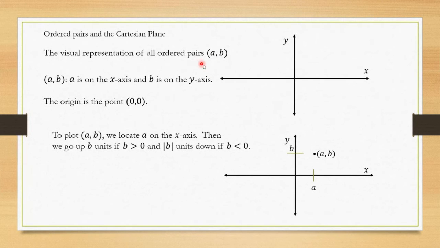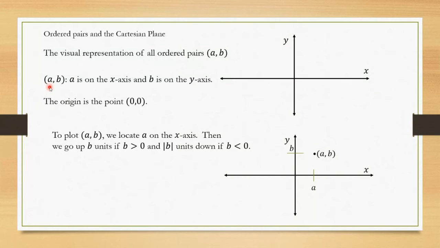So again, this is a visual representation for ordered pairs (A, B). The idea basically is the first number, the A, comes from the x-axis, the horizontal axis. The second number, B, comes from the y-axis.